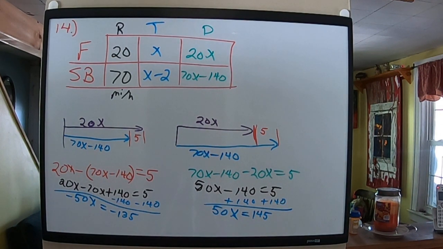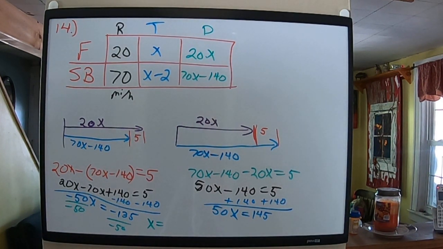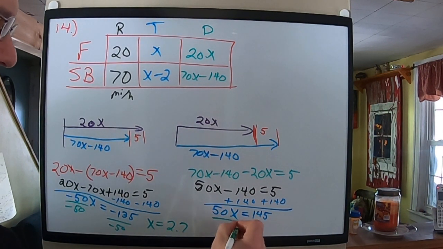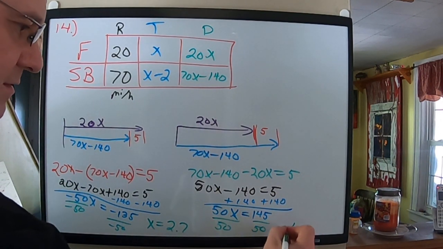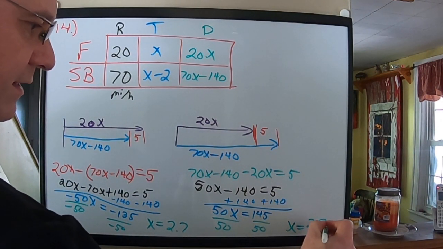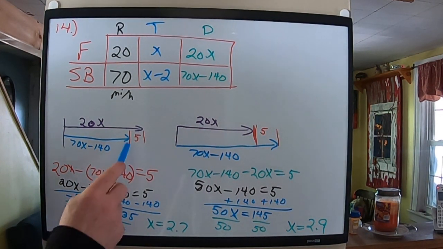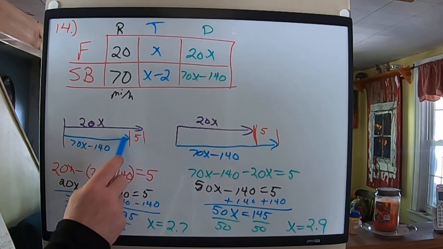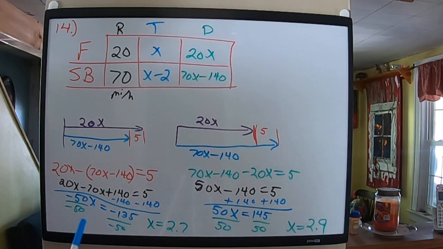And then I'm going to divide by negative 50. So in this case, x equals 2.7. And then when I divide by 50 here, x equals 2.9. So at 2 7/10 hours, that's when it's 5 miles short of the freighter.